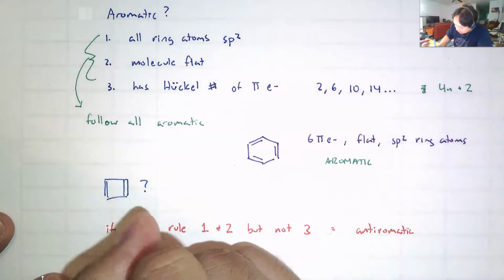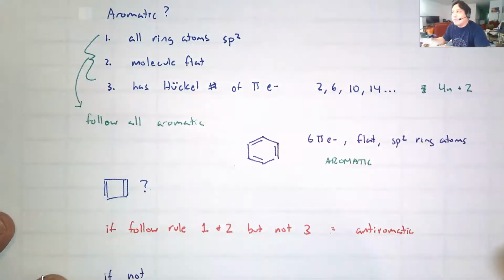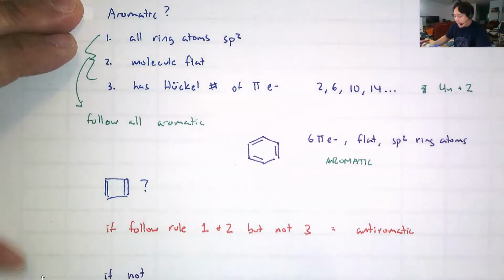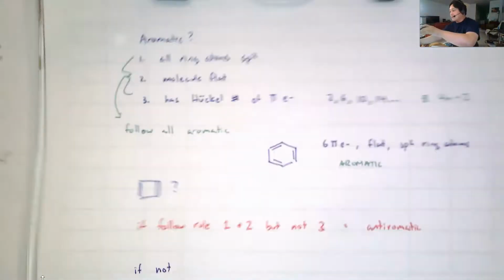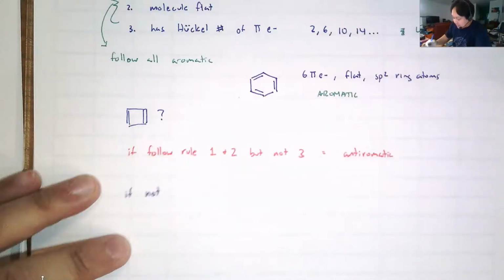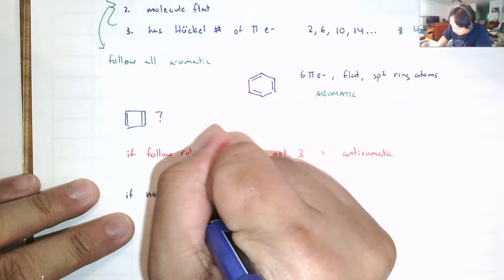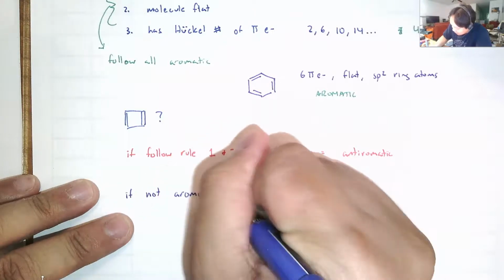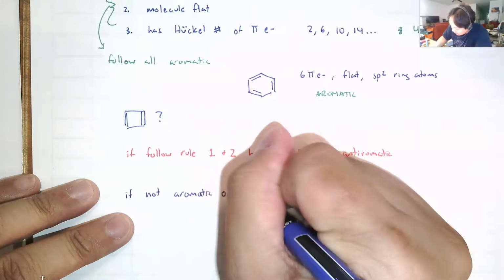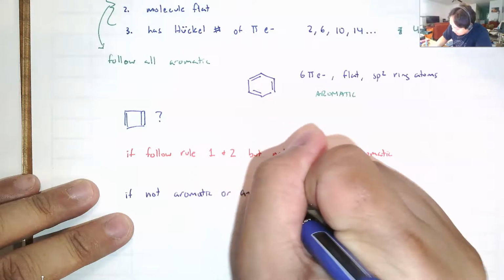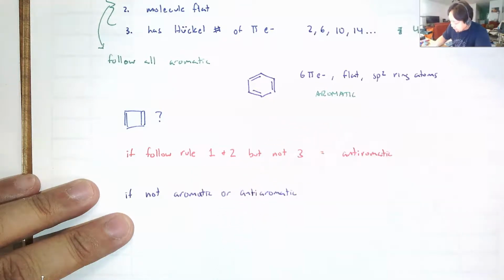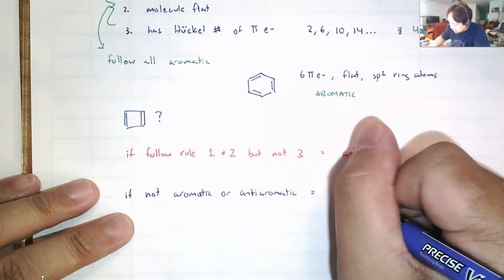Any molecule can be categorized as aromatic or anti-aromatic, but there's one last piece. If not aromatic or anti-aromatic, you default into what's called non-aromatic.